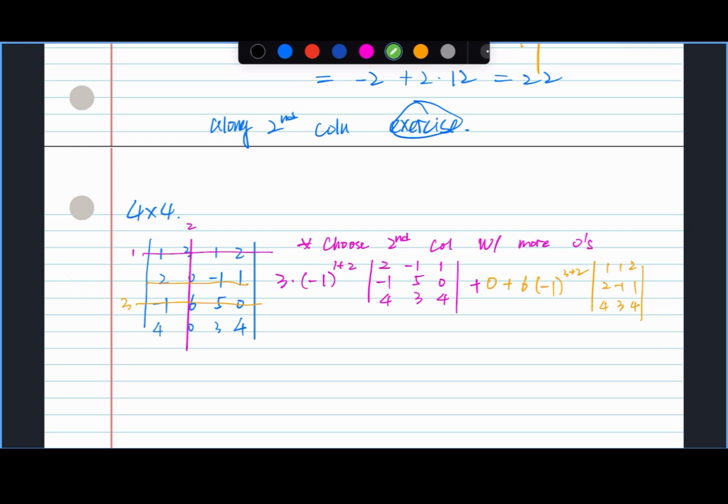And then we have the last row. The last row is also multiplying 0.